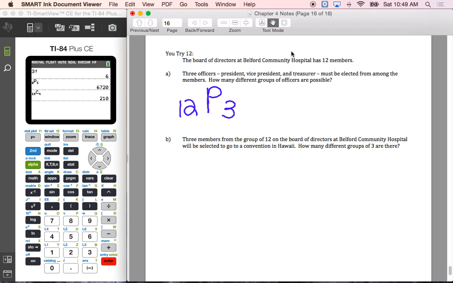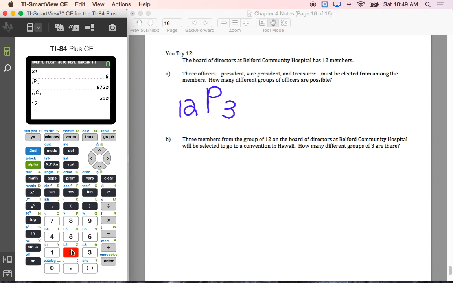So we're going to type in 12, do our math button, probability, we want P, so number 2, and then 3. So we have 1320.